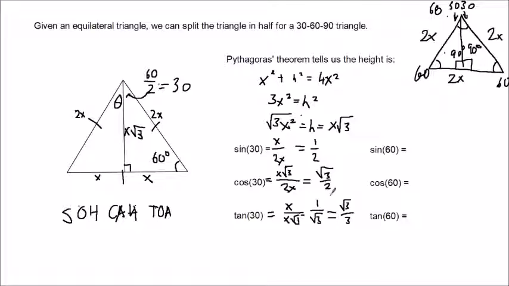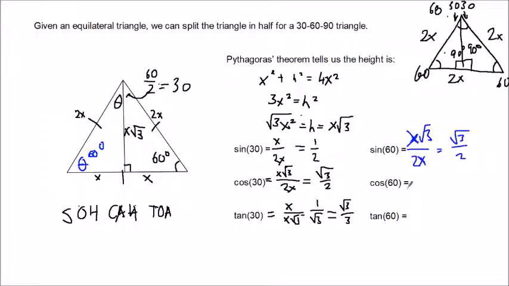It is not that hard to understand. So sine 60, I've left this blank intentionally. Let's say this is the blue theta, and this is 60 degrees. So sine 60 is opposite over hypotenuse, which is x square root of 3 over 2x, which is equal to square root of 3 over 2, because you can just cancel the x.